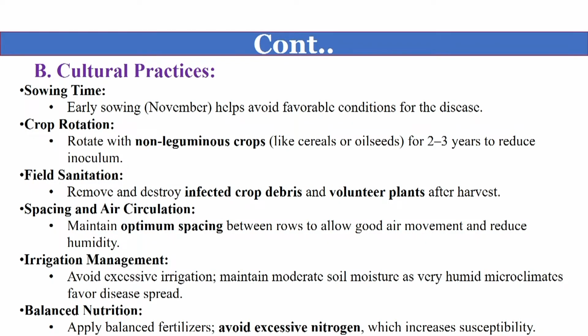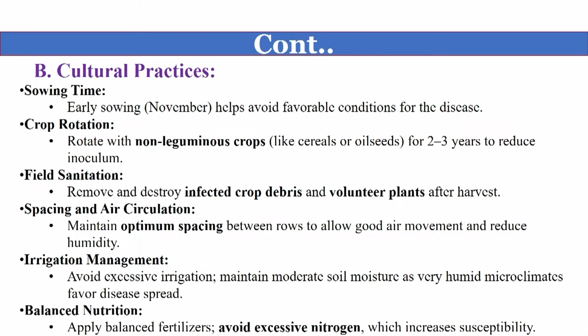For field sanitation, you have to remove and destroy the infected crop debris and volunteer plants after the harvest. For spacing and air circulation, maintain optimum spacing between rows, which allows air movement between plants and between rows.